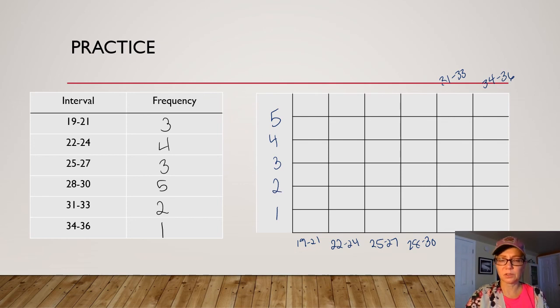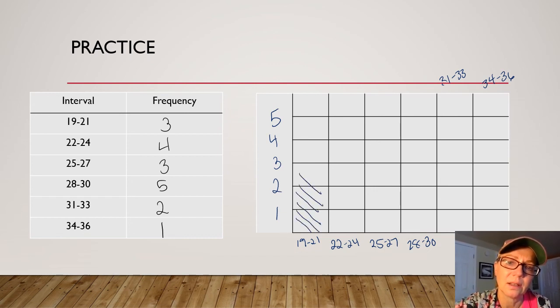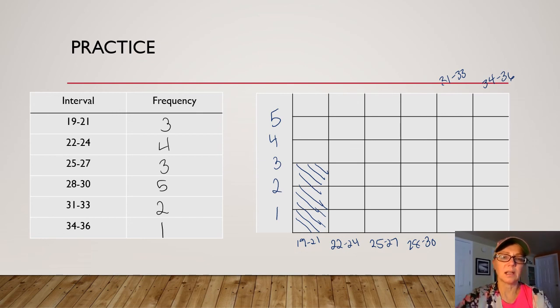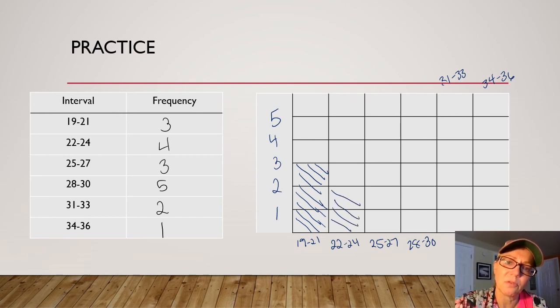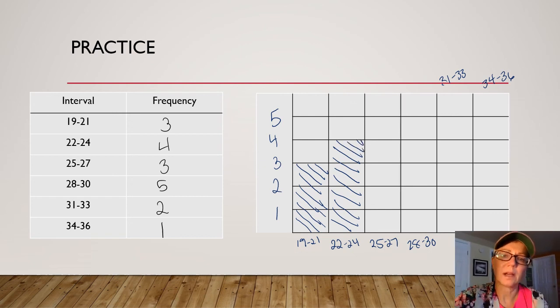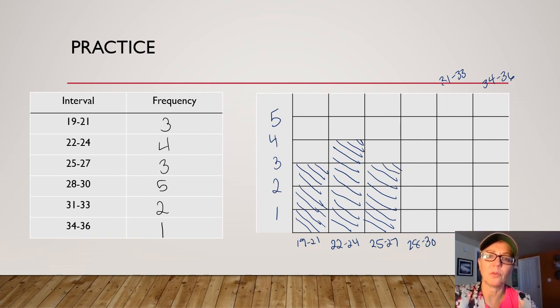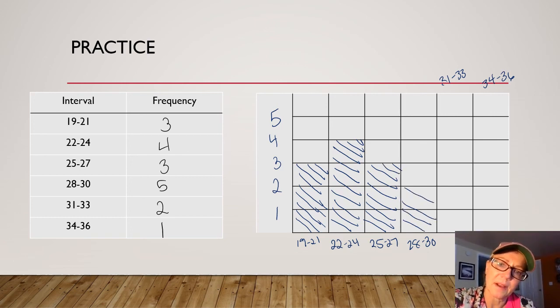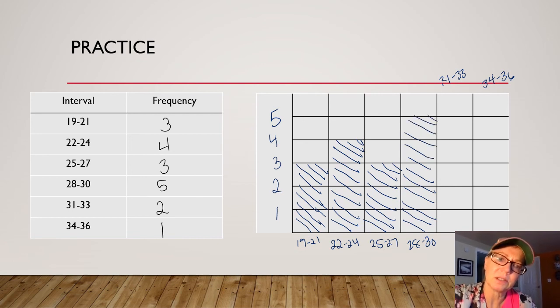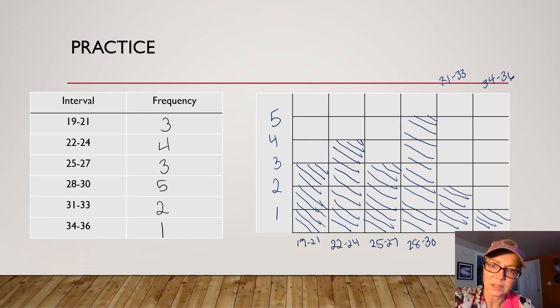And then we're going to shade in our bars using the frequencies. So the first class had 3 times in it. The second class has a frequency of 4. The third class occurred 3 times. The fourth class, 5 people fit into that class. 2 people fit into this class, and only 1 person in this last class.